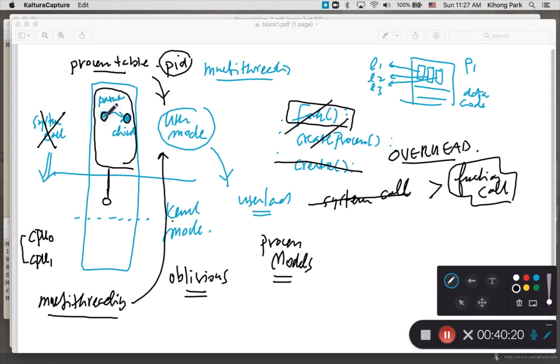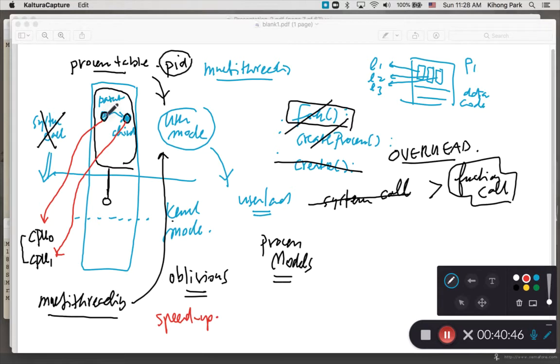Suppose that this guy forks a child, and suppose this guy could run on this CPU, and this guy could at the same time, simultaneously, concurrently run on this CPU, and we would achieve what we call in computer science a speed up.